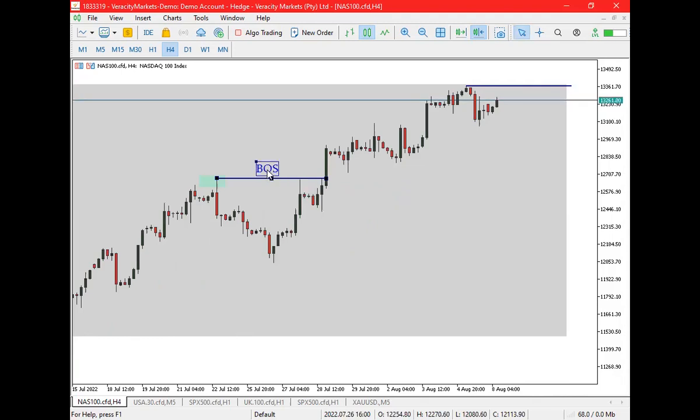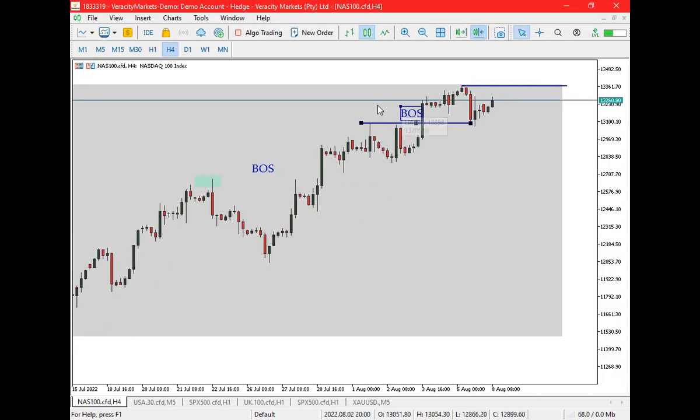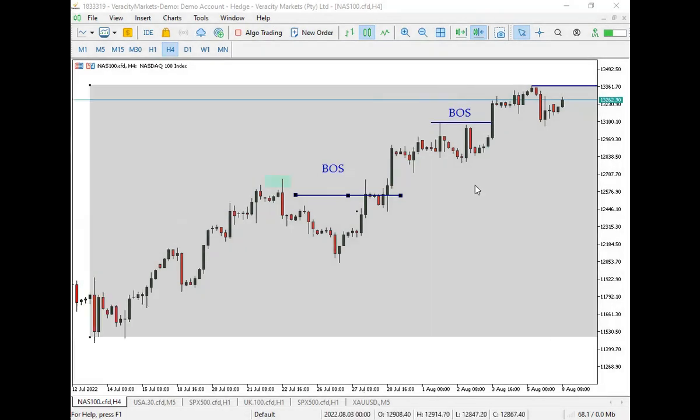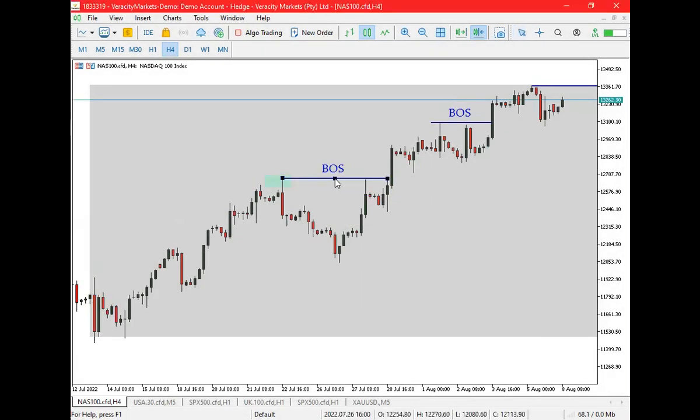Another BOS is here. Another BOS, where? It's here. You see, it's breaking the previous higher high. So the moment the market breaks the previous higher high, that level is a BOS. Okay, guys, as we continue, a break of structure is something like this.